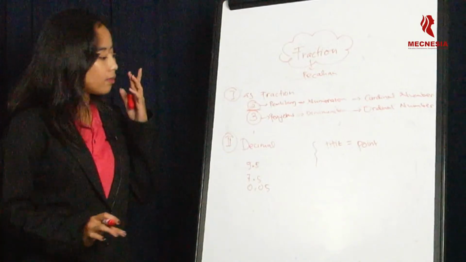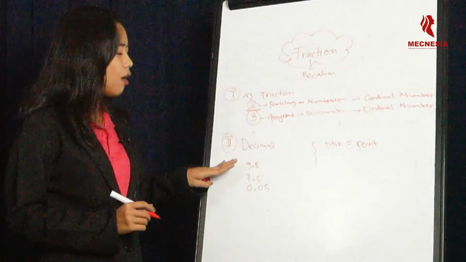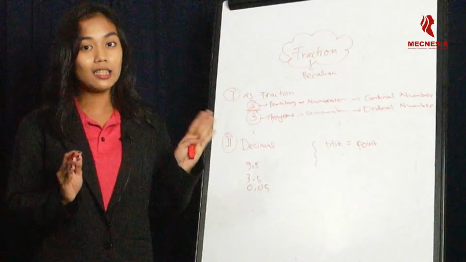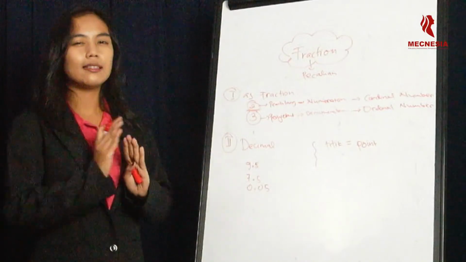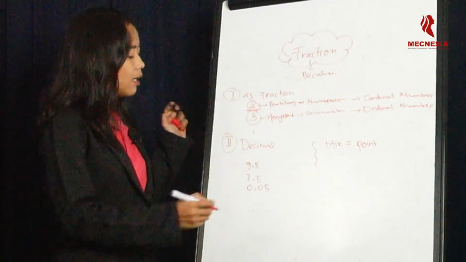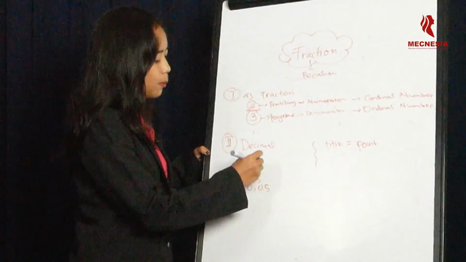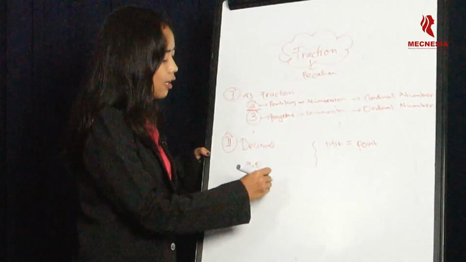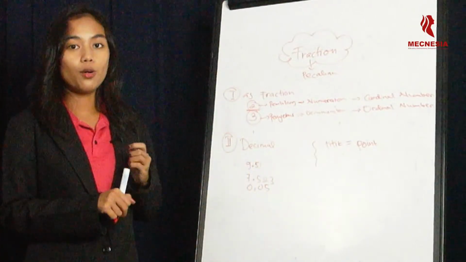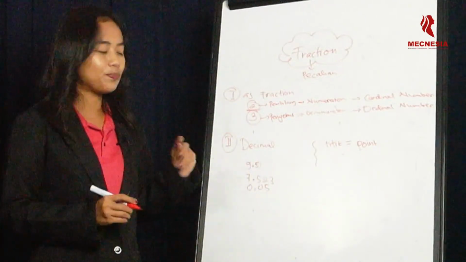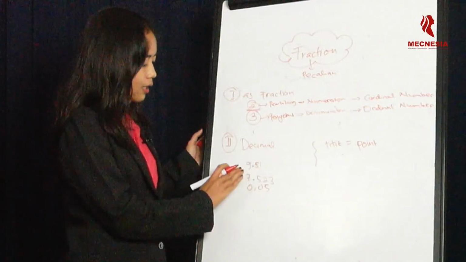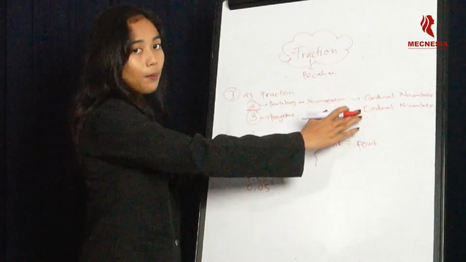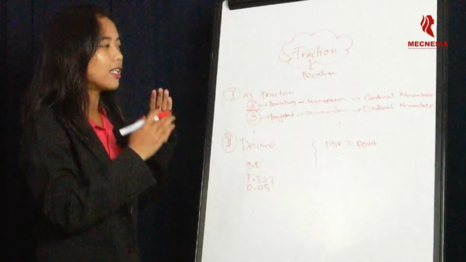Next, gimana kalau angka di belakang titik itu lebih dari 1? Oke, misalnya 9.51. 7.523. So, kalau begini, number yang di depan, we read it as cardinal number. Kita bacanya sebagai cardinal number.